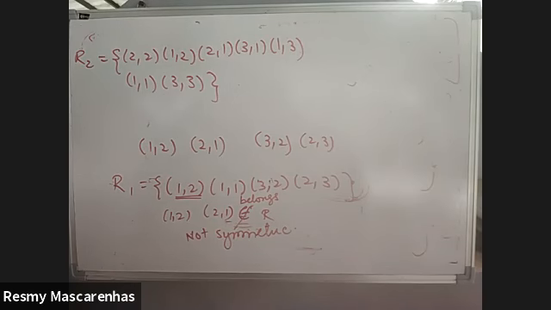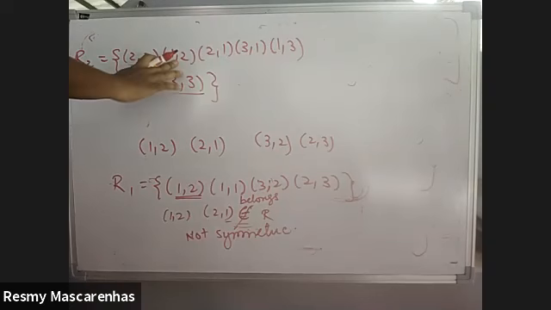Reflexive, if you wanted to check, then here it is. It is reflexive. 1 comma 1 is there, 2 comma 2 is there, 3 comma 3 is there. So that I don't have to worry. Now this is the condition for reflexive. Same pairs you don't check.